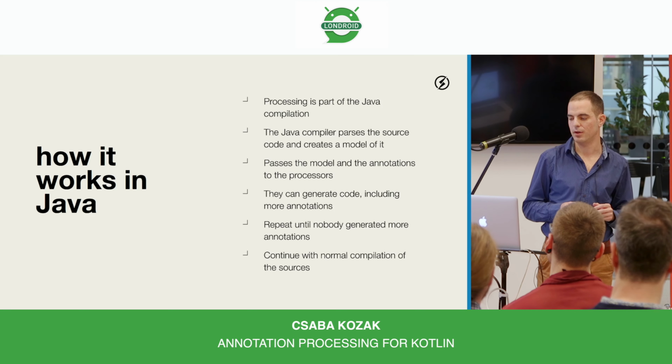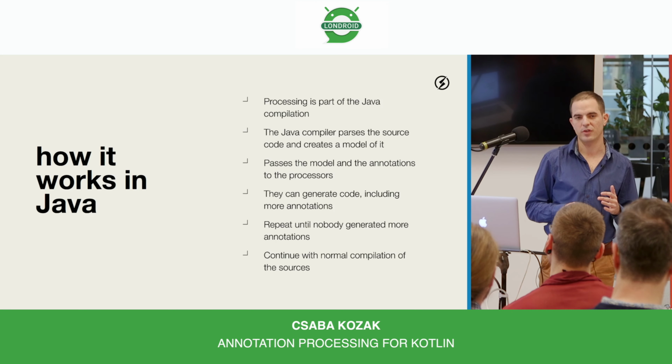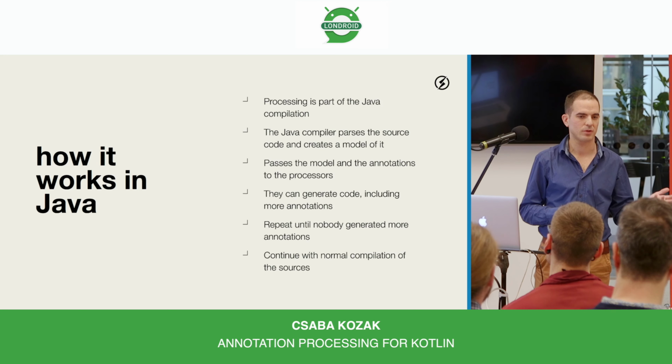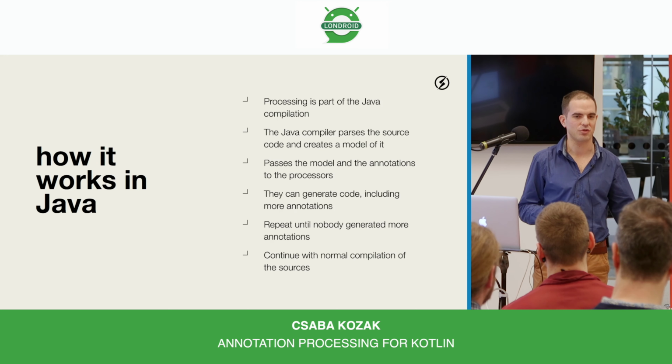Then it reads the annotations and of course this language model, and it will pass them into the annotation processors. Then they can generate some code based on the input, and this code can also include more annotations, which can be processed.